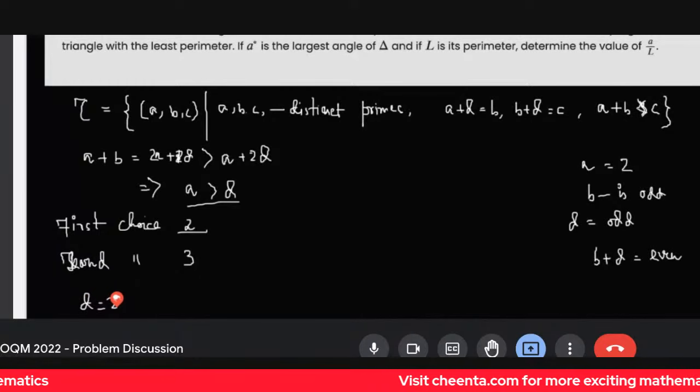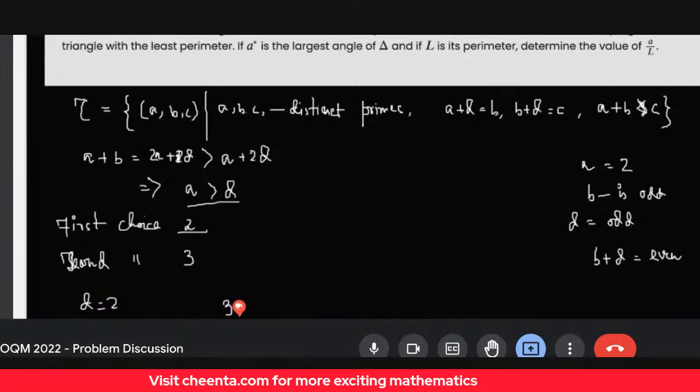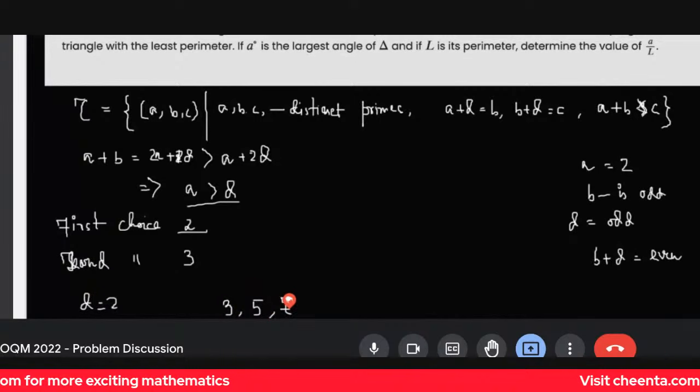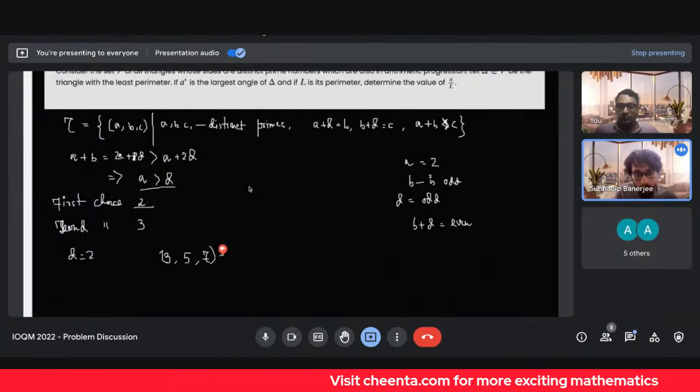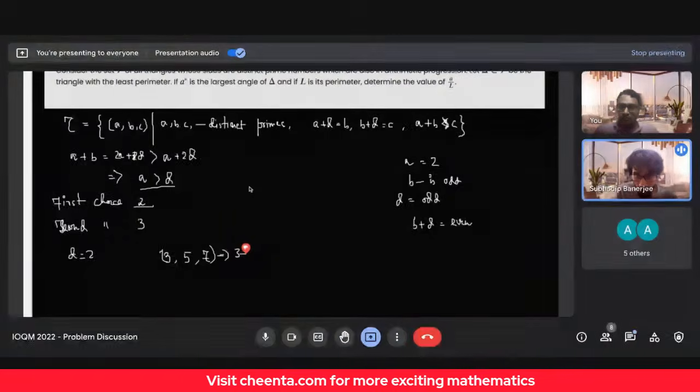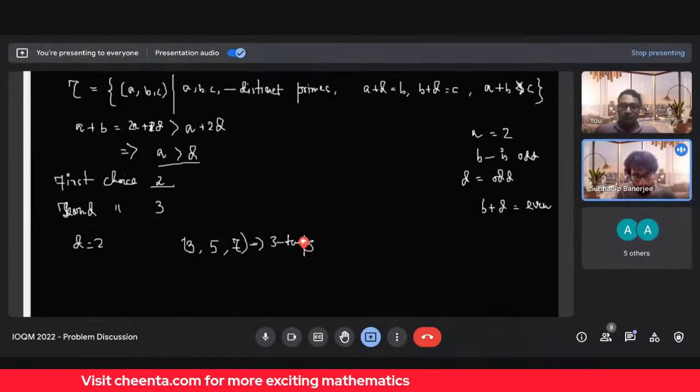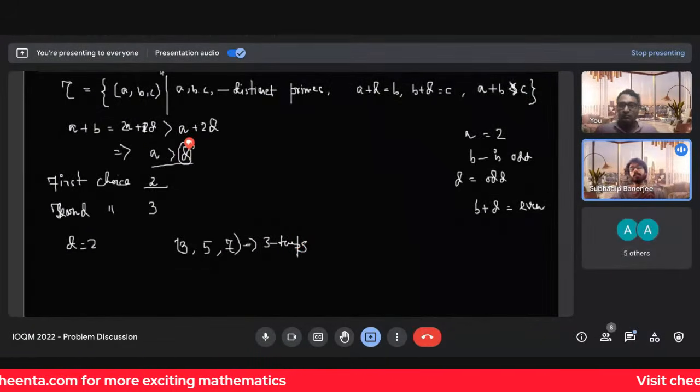Now we check, what do we get? We get 3, and 3 plus 2 is 5, and 5 plus 2 is 7. So note that all those numbers in this 3-tuple are prime numbers, and my common difference is less than the first term.